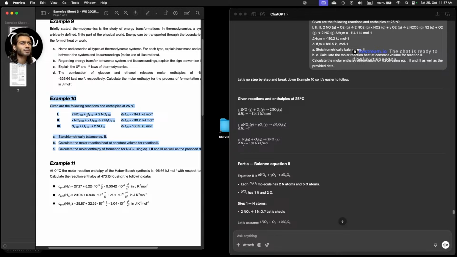Nitrogen monoxide plus oxygen gives nitrogen dioxide. Nitrogen dioxide gives nitrogen pentoxide. Stoichiometrically balanced equation number 2. It is balanceable, right? We put 2 here, we get 4, and we get 1.5. Or we put 4, we put 2, and we put 2 here.